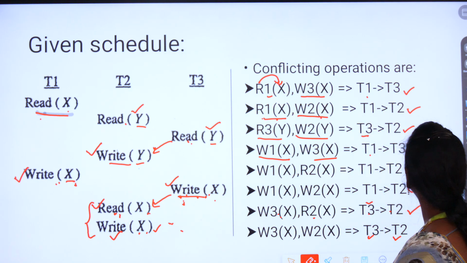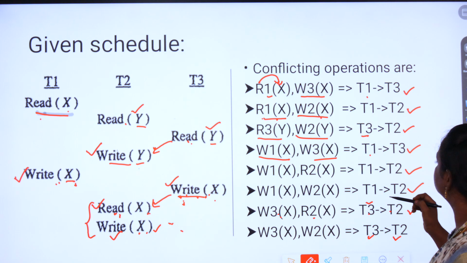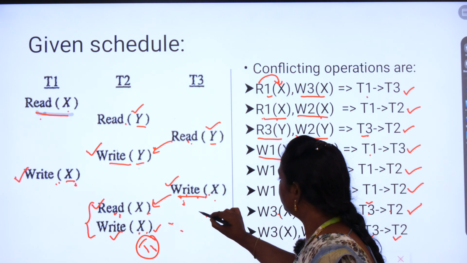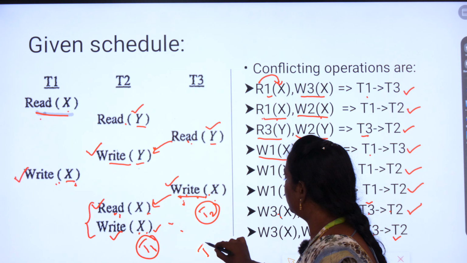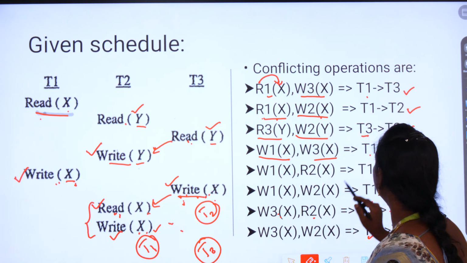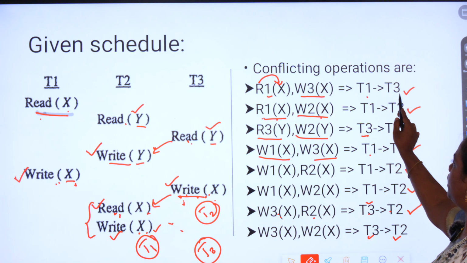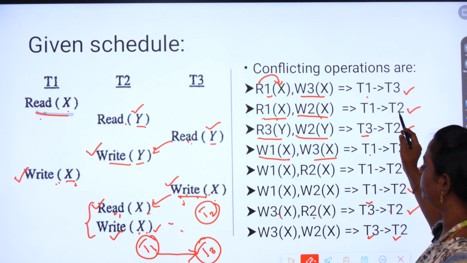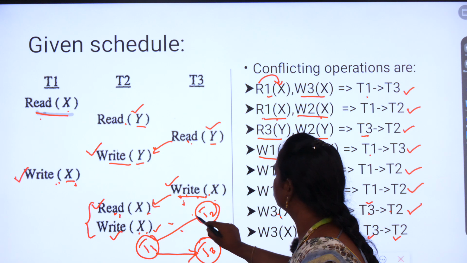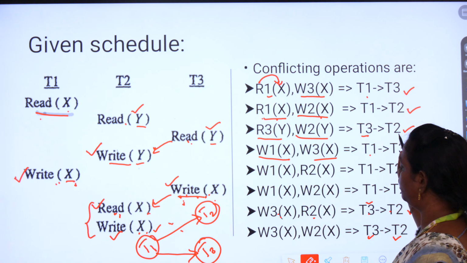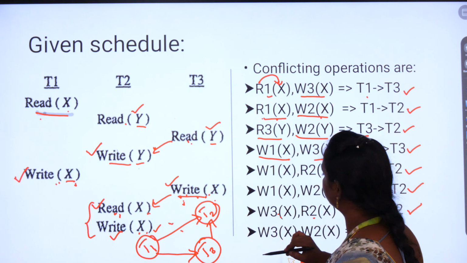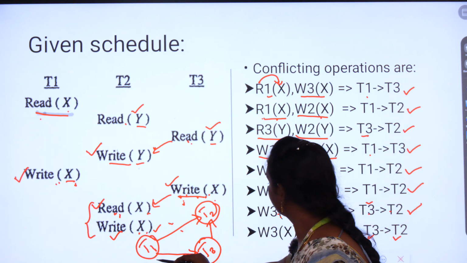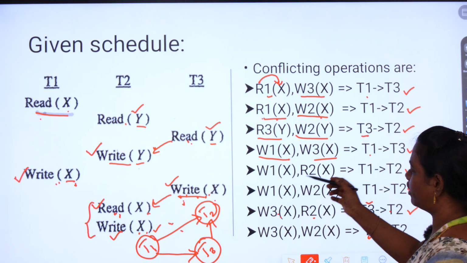Now, the total number of transactions involved here is 3, so T1, T2 and T3. Then we need to make an edge between T1 and T3. So T1 to T3 is an edge, T1 to T2 is an edge, and T3 to T2 is an edge. Then T1 to T3, we already drew that edge, and T1 to T2 already has an edge.